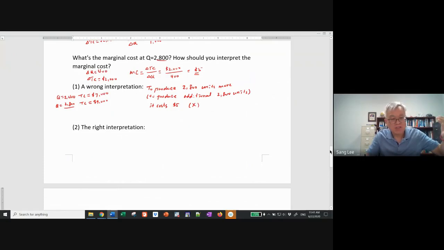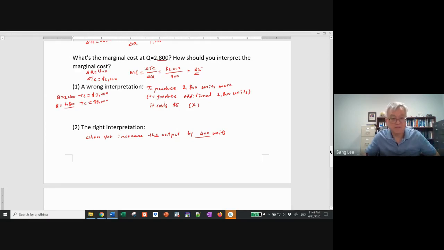Change in quantity is 400. So when you increase the output by 400 units, total cost increased by $2,000, right? Total cost increased from $7,000 to $9,000.